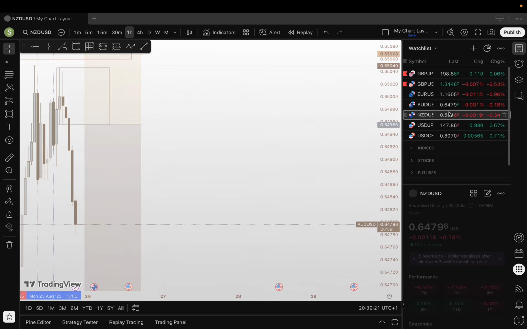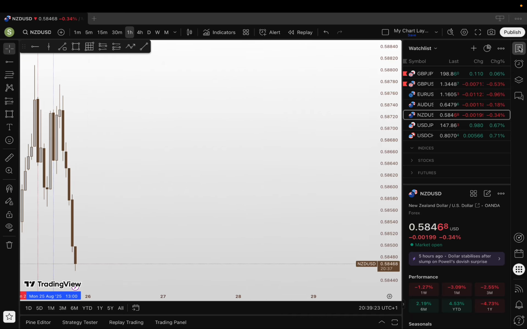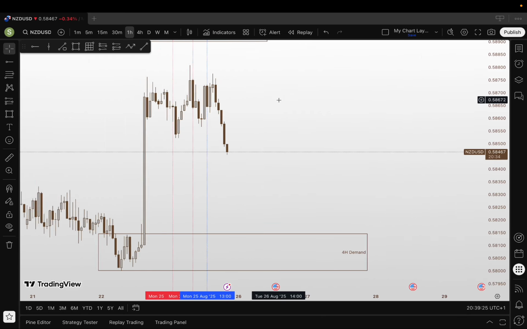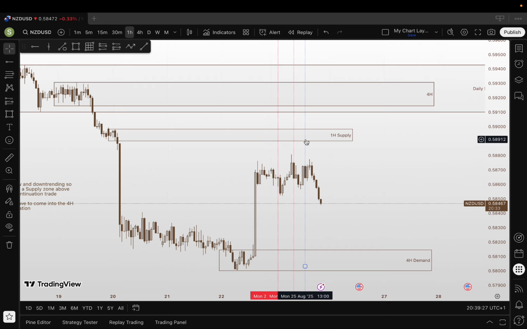So on NZD/USD, price did not really come into the supply zone. It came close to it, but it was more than 8 pips. See, missed it by 8 pips. This would have been a good trade too.